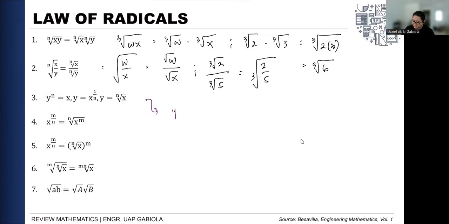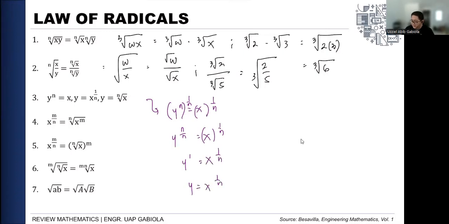Kung gusto natin lipat doon sa x yon, ang gagawin natin, kailangan ma-eliminate si n o maging equal sa 1 siya. Para maging equals yan sa 1, kailangan erase mo both side by 1 over n. So mangyayari dito, magiging y^(n over n) is equals to x^(1 over n). Kaya ito magiging y^1 is equals to x^(1 over n), y is equals to x^(1 over n).